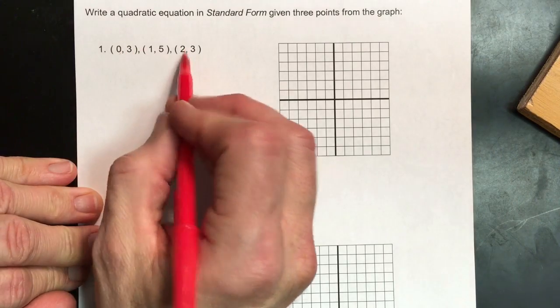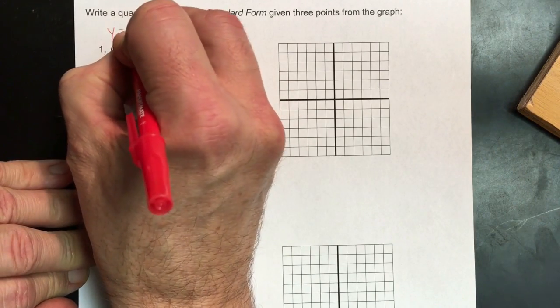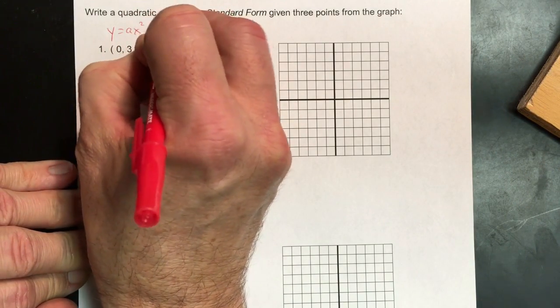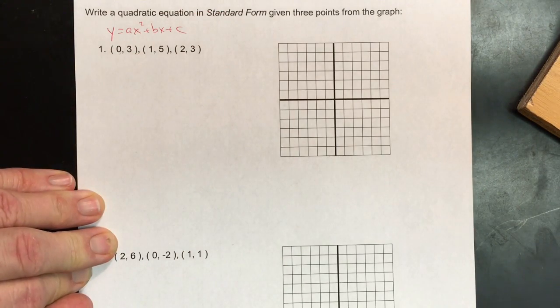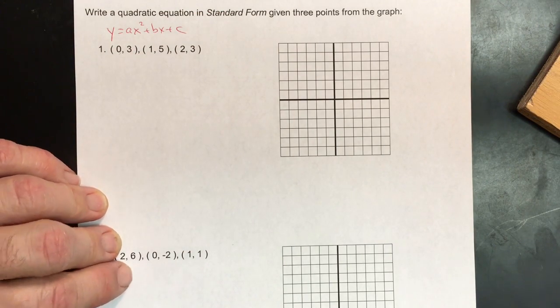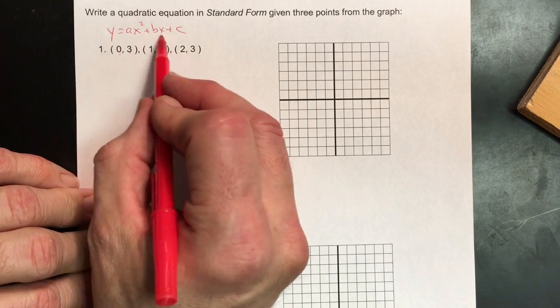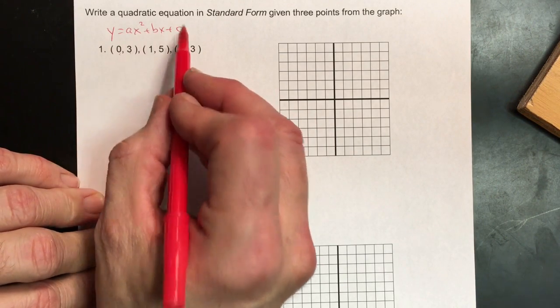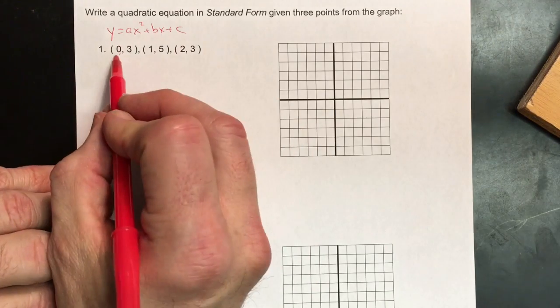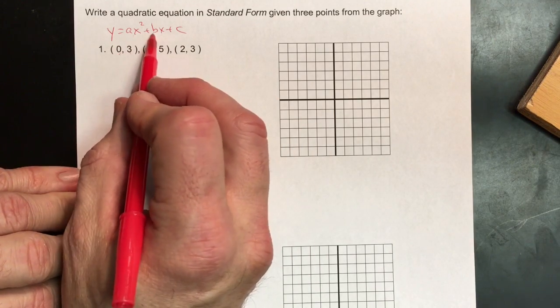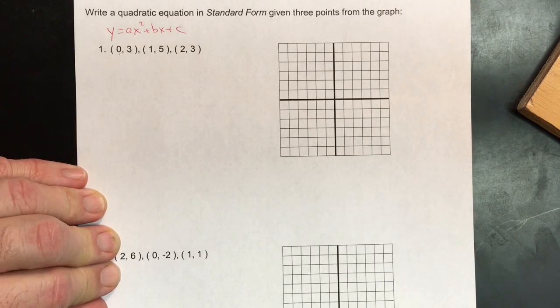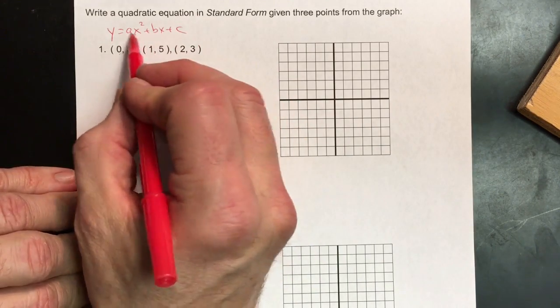You can make a system of equations using standard form. y equals ax squared plus bx plus c. And this is xy, xy, xy. We put those values in here, and the variables are a, b, and c. But thankfully, the 0 for the x, when we put it in here, will give us a quick and easy c. So we're really finding just the a and b.